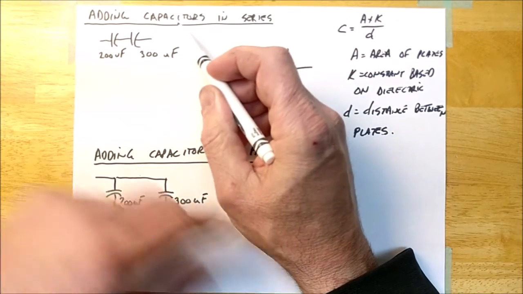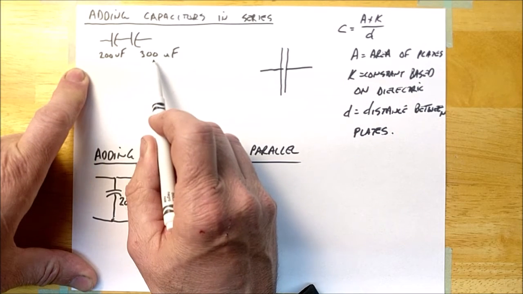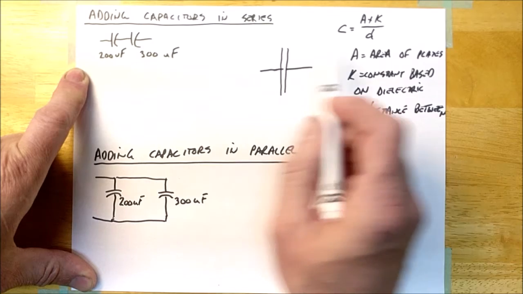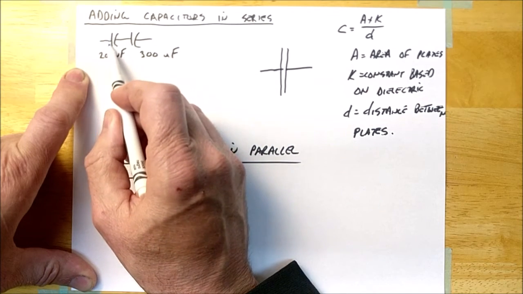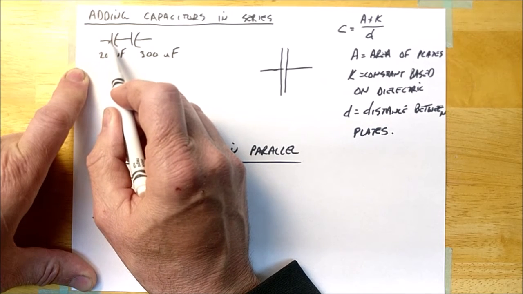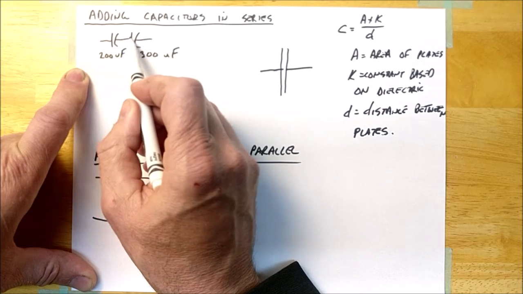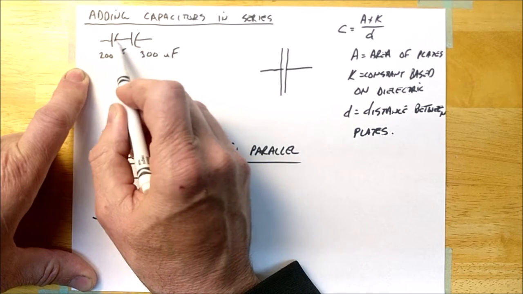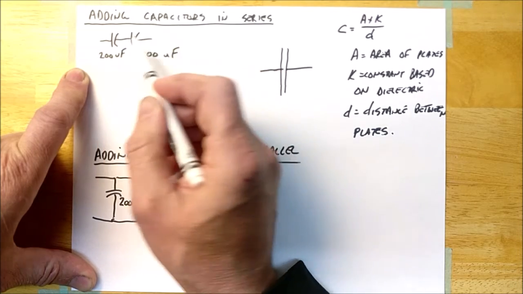Now, if we're going to add capacitors in series, and let's say I had a 200 microfarad and a 300 microfarad, the question is, if I connect this to a circuit, I'd have this plate to pile electrons on to. I'd have this plate over here for electrons to leave from, and there wouldn't be a whole lot going on in between these because whatever electrons would be in there would be moving around a bit.